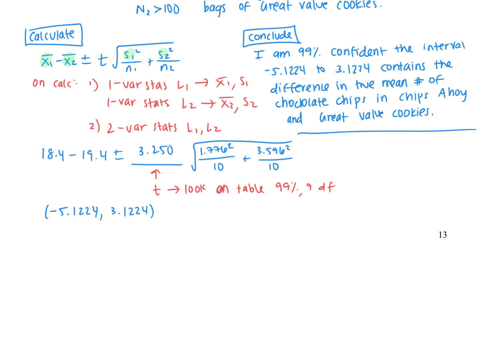Our second sentence is interpreting the confidence level. So I want to make sure we recognize that. The first one is interpreting the interval. The second one is saying what the 99% means.